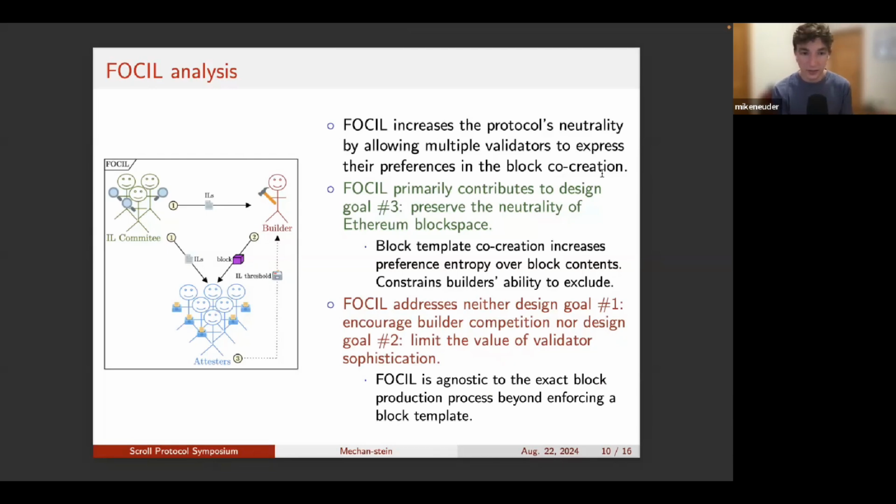They could be co-located with the builder to get the best bids possible. So there's no real limitation of validator sophistication here for design goal number 2. Working backwards to design goal number 1, in terms of builder competition, the exact same thing is true. This doesn't say anything about MEV carrying transactions, or the ordering of transactions, period. It's just saying you have to include some threshold of these IL transactions in your block to be considered valid.